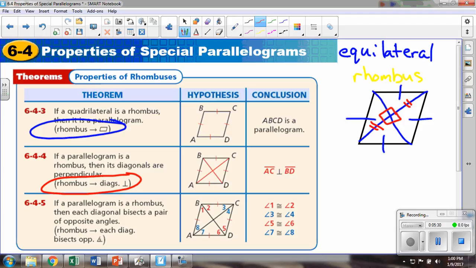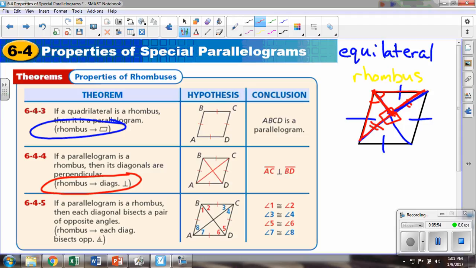Well, when we look at these two triangles then, we've got our 90s, matching hypotenuse, matching legs. These two triangles up on the top have to be congruent. Because they are congruent, we know those angles are congruent.